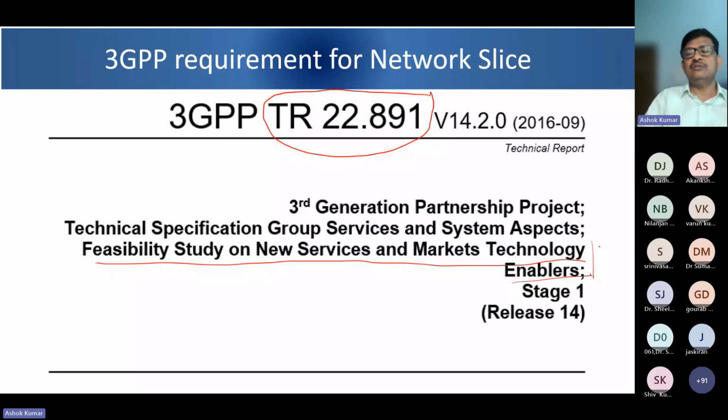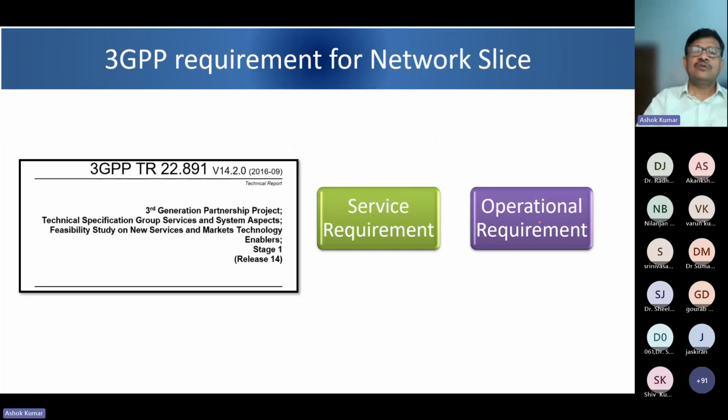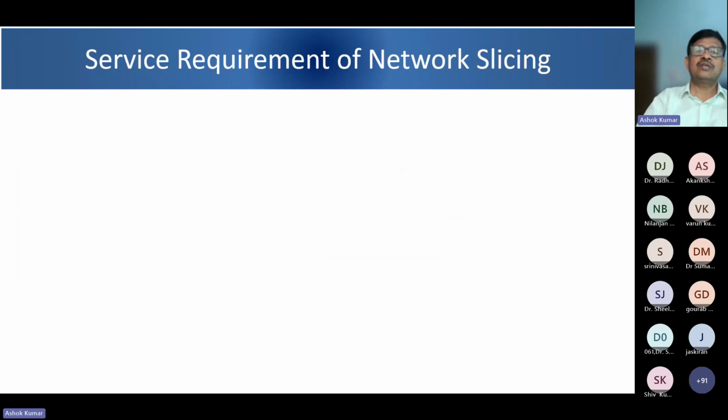They are talking about many things, and the concept of slicing is also discussed here. If you look at this, it gives two requirements, service requirement and operational requirement. Let's see what they are talking about.